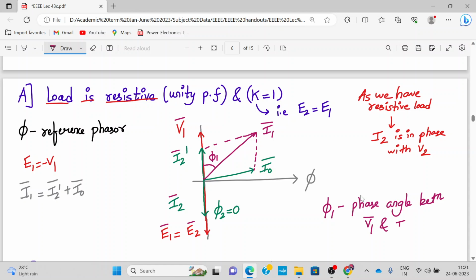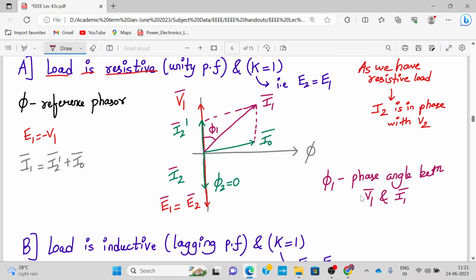And phi 2 is the phase angle between V2 and I2. Of course, that we have to take care: this phase angle is 0 over here. Now this is the difference. For any other load other than the resistive load, this phi 2 won't be 0. So let's see now further.